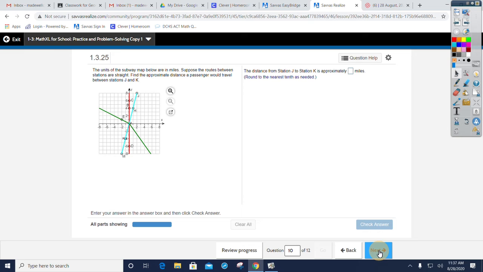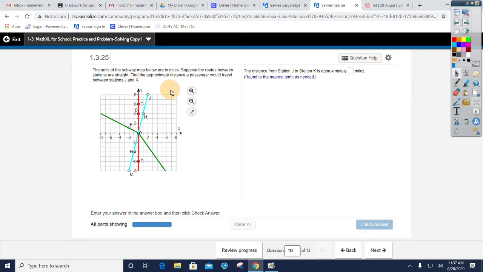So here's another one. They give you a picture. So just follow it. It says, what's the distance between J and K? So let's find, all right, here's J and here's K. Okay. Now, that blue line is not straight there, so don't think of that as your line.